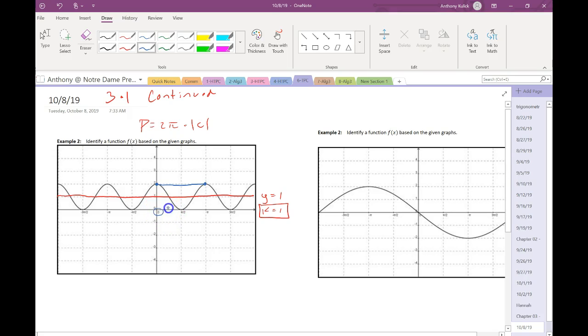That's going from 0 to pi. So my period is just pi, because that's the distance along the x coordinate. Okay with that? So if I then plug that in for my value for p, and divide both sides by 2 pi, I get that the absolute value of c is a half.